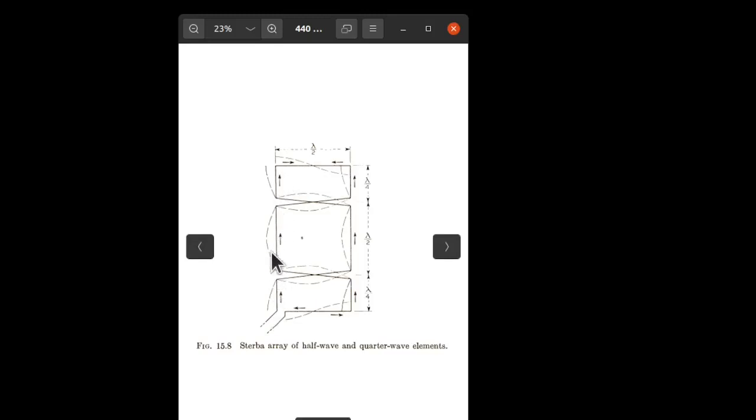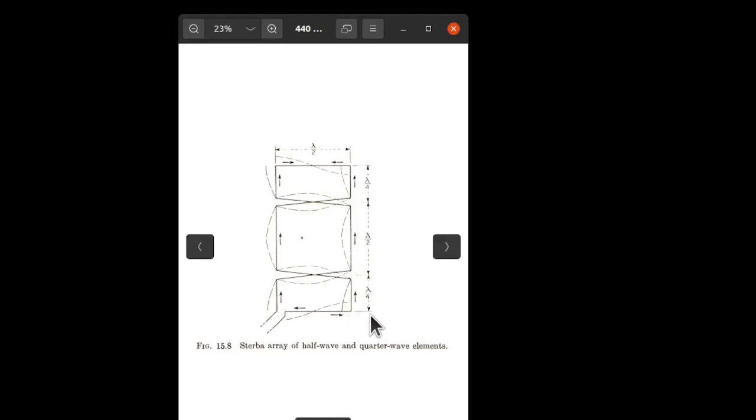This is another stacked radiator. It's fed from a line here that splits between the two. And there's connections between the two radiators, again, with transmission lines at this point and transmission lines at this point that cross to create the phasing conditions that we want from this array.